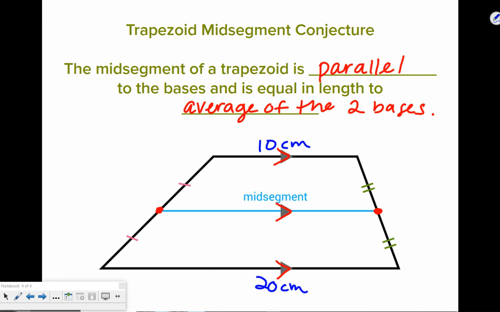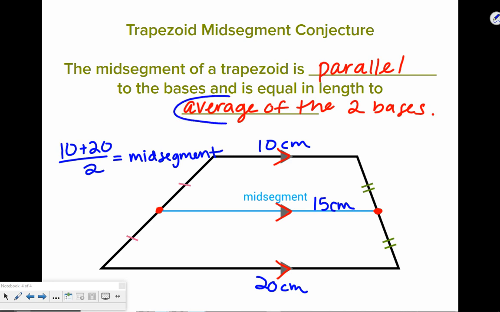The average would be taking 10 plus 20 and dividing it by 2 to give us our midsegment. 10 plus 20 is 30. Dividing it by 2, the midsegment would be 15 centimeters. So it's the average of the two bases.